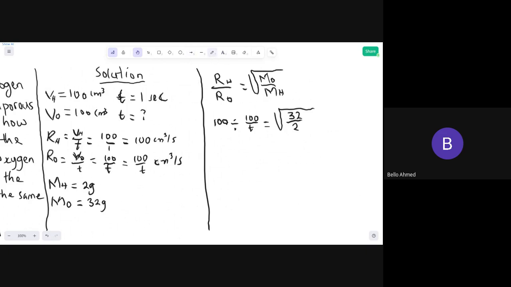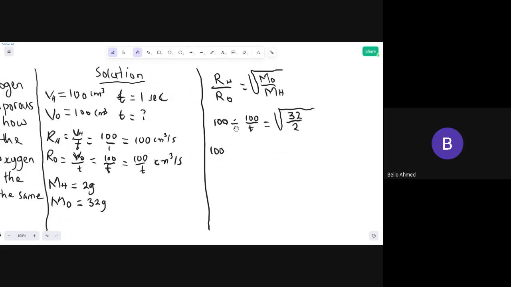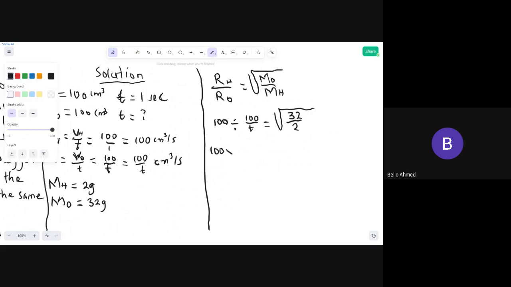So now I'm going to do this. That is going to give me 100. Remember the law of fractions: you turn the division to multiplication and interchange the fraction. That's going to be T over 100.